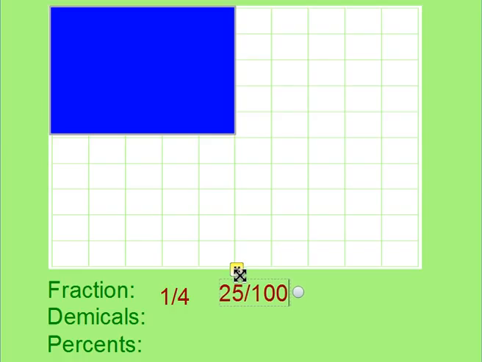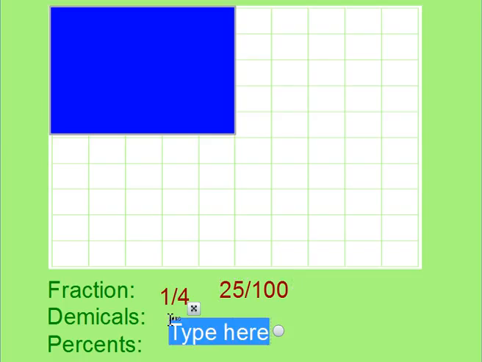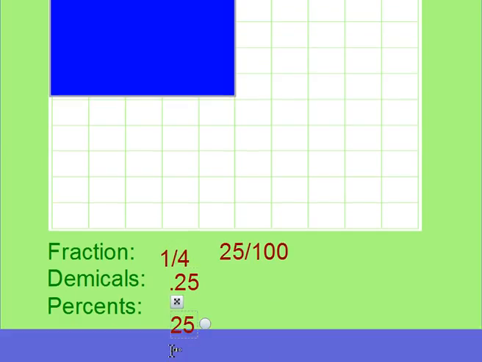That could be my fraction. So if that was my fraction, what would my decimal be? Well, my decimal could be 0.25. My percent would be 25%.